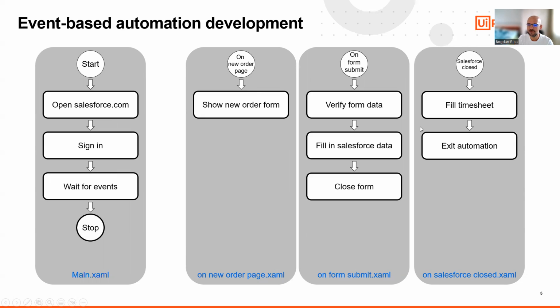Each one of these XAML files, these workflows, is going to start with an activity that we call a trigger activity. The fact that this special activity is the first one in the XAML file will tell Studio and then the robot, the execution engine, that this is the trigger that will be listened to when we wait for such events.